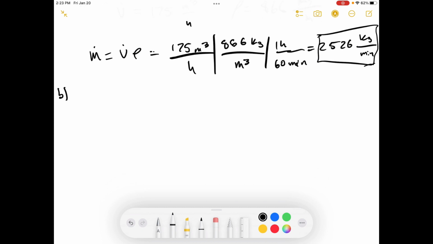Part B. What is the molar flow rate in moles per second? Okay, in order to know the molar flow rate, we need to know the molar mass. And that equals 92.13 kilograms per kilomole.